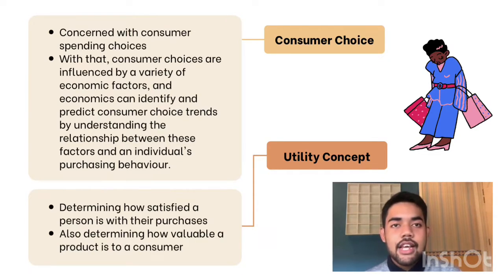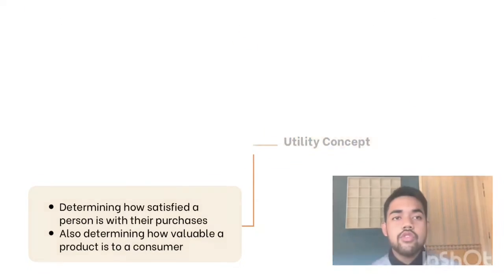Consumer choices are influenced by a variety of economic factors, and economists can identify and predict consumer choice trends by understanding the relationship between these factors and individual purchasing behavior. Other than that, the utility concept determines how satisfied a person is with their purchases and how valuable a product is to a consumer.